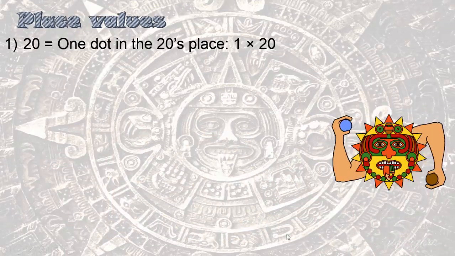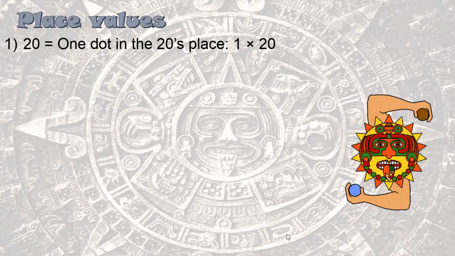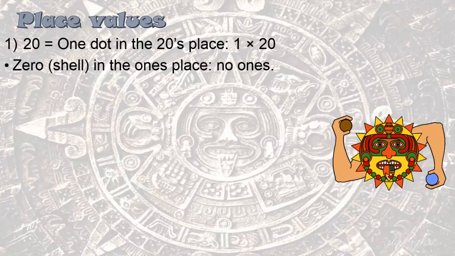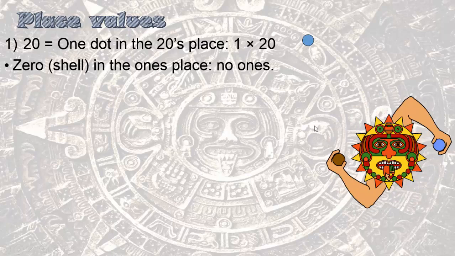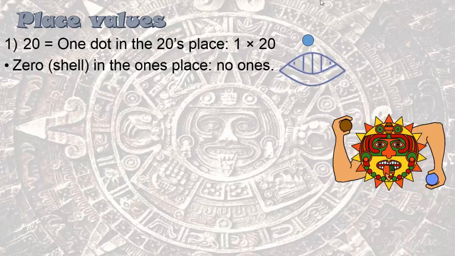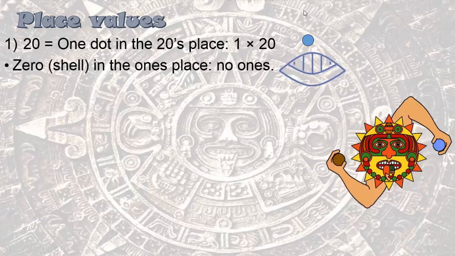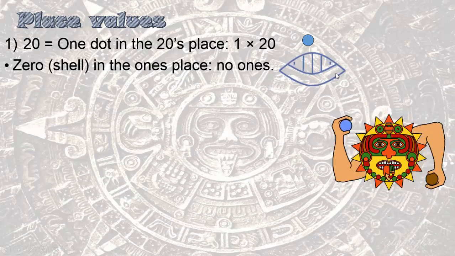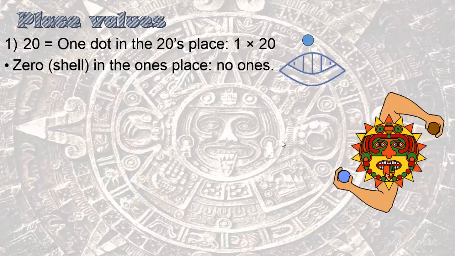For example, 20 is equal to 1 dot in the 20s place and 0 shell in the 1s place. So here's the 1 dot in the 20s place, and here's the shell in the 1s place, but there are no 1s, so we put the shell, which represents 0.